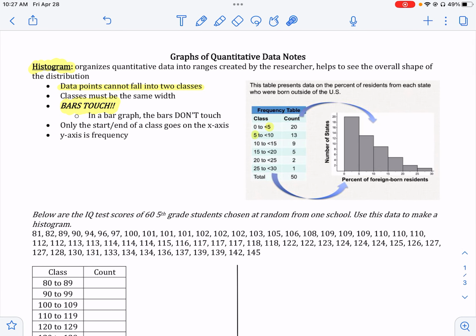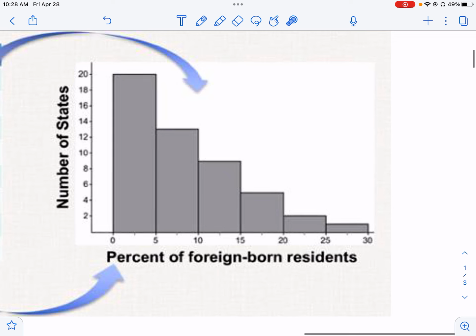So some things are the overall shape of this. Once again, it's always going to be on the x-axis and the y-axis. They're going to have two different things here. Your actual data goes on the x-axis. And what I mean by that is the numbers have to deal with what you're actually trying to find.